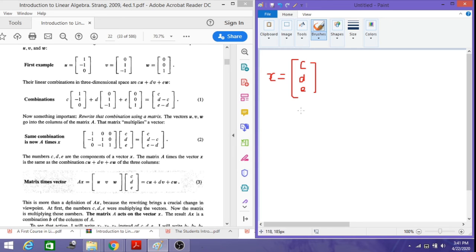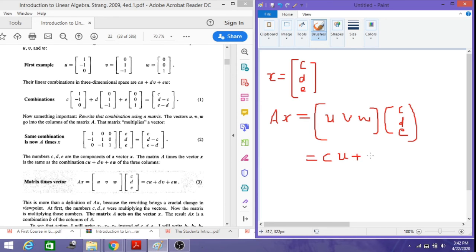So the representation is AX equal to the columns U, V, W times C, D and E, which is equal to CU plus DV plus EW.